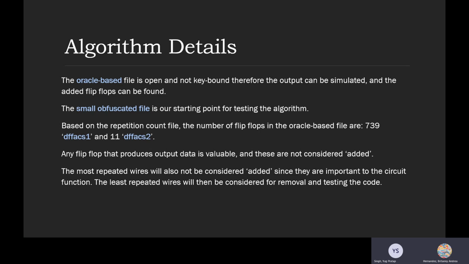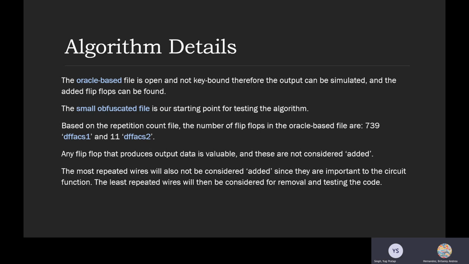The Oracle-based file is open and not key-bound, therefore the output can be simulated and the added flip-flops can be found. The small obfuscated file is our starting point for testing the algorithm since it is the shortest. Based on the repetition count file, the number of flip-flops in the Oracle-based file are 739 flip-flop 1 and 11 flip-flop 2.